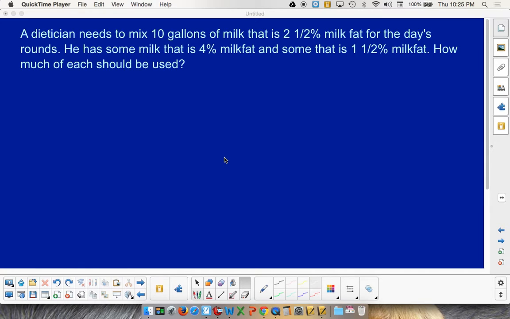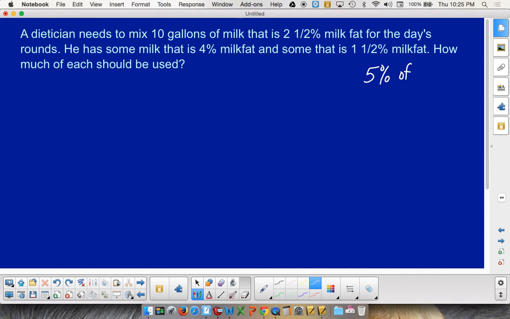I do want to take you back to 4th, 5th, 6th grade math and ask you how you find a percent of something. So if, for example, you want 5% of the number 32, how do you take 5% of something? Yes.